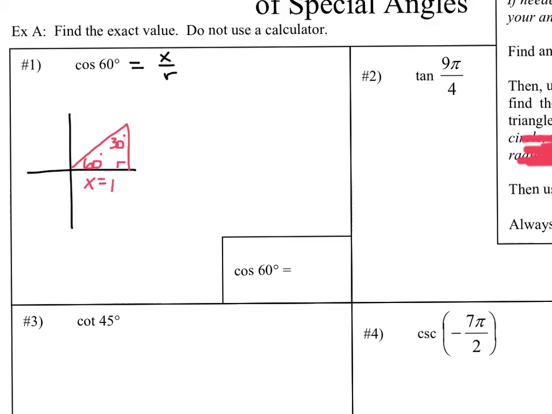Once you call that a 1, the other sides are dependent upon that 1. Opposite 90, which is r, is always twice opposite 30. 2 times 1 is 2. Whatever's opposite 30, which is a 1, opposite 60 is that times the square root of 3. So to answer the question, what is cosine of 60 degrees? It's 1 over 2. Finished.